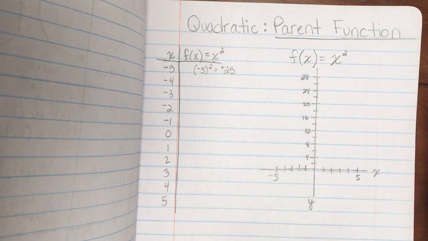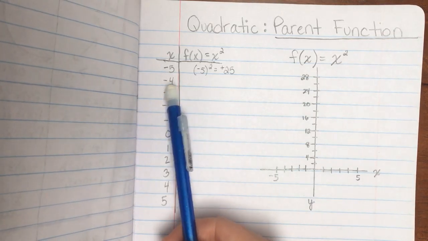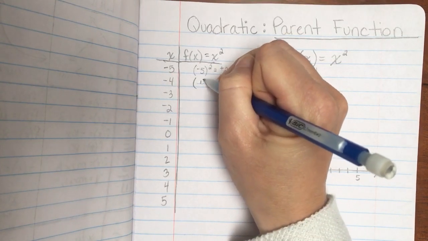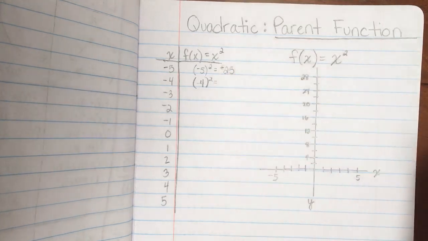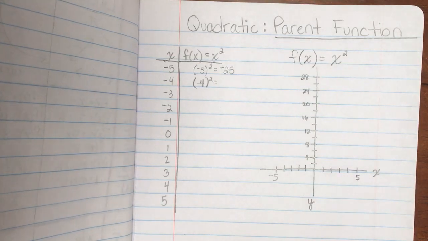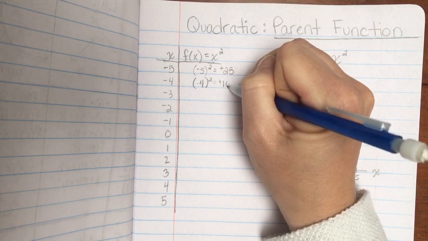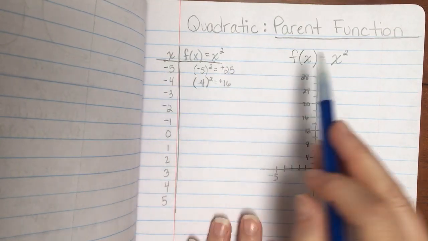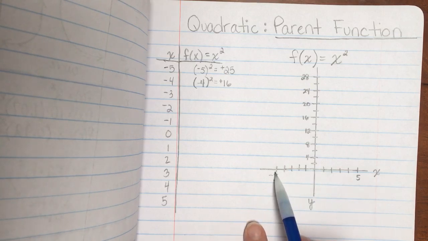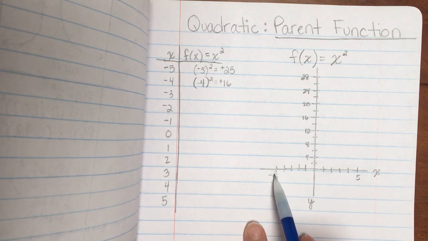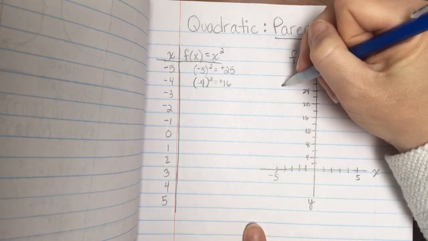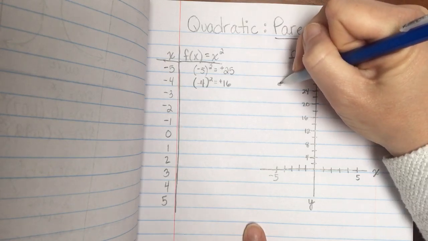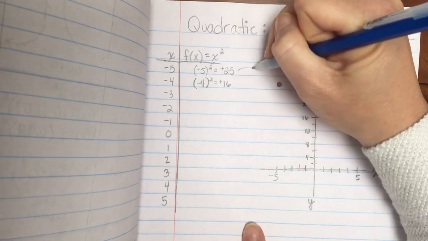That'd look messy. Okay, so let's put in -4 for x. -4 squared, -4 times -4, is a +16. So that first point, -5, 25, if I were to graph it, I'd go to -5, and then I'd go up to 25, which would be about right here. So that's that point here.